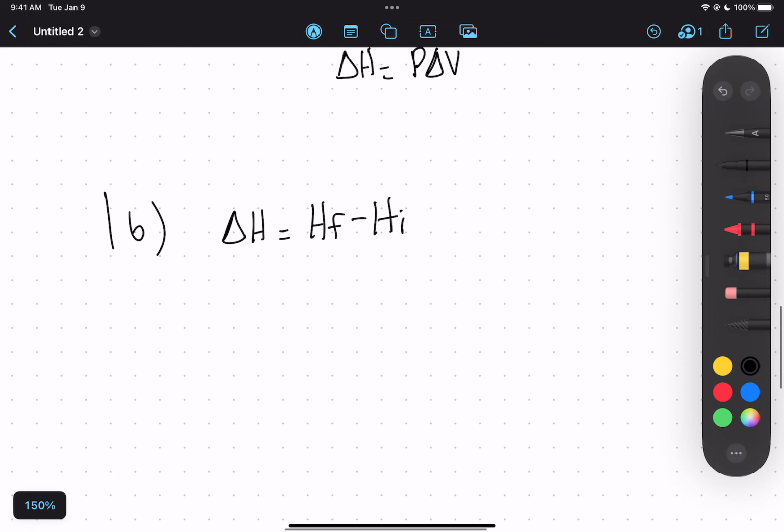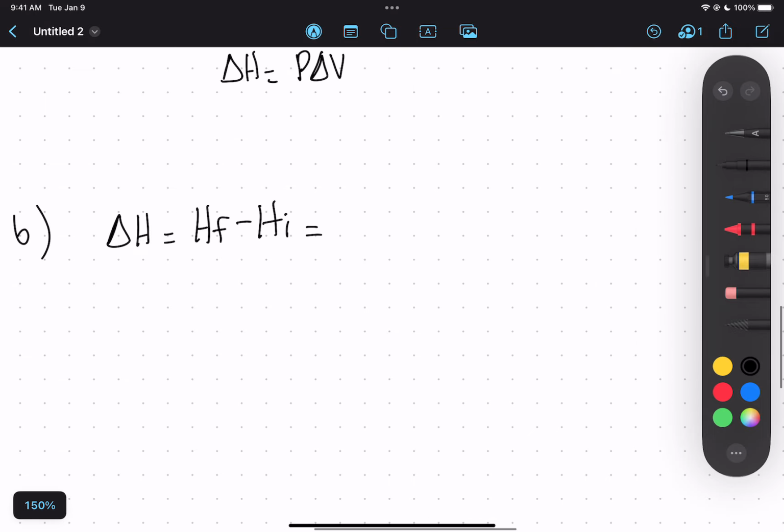H_F minus H_I, where you have a final enthalpy and initial enthalpy, right? And if we're going by P delta V, you have some final pressure times final volume, minus some initial pressure times initial volume. So P_F V_F minus P_I V_I. That's what you're looking at for your enthalpy there.